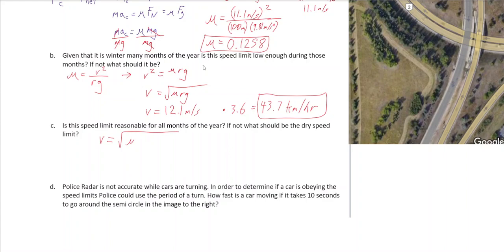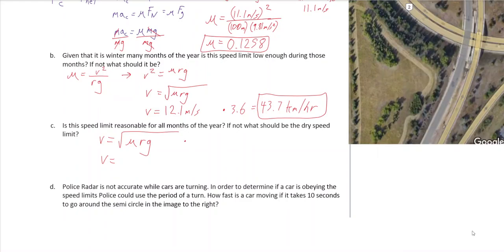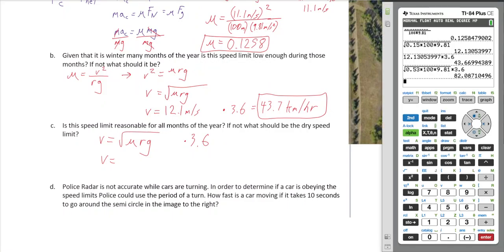And we can go like this, where mu is going to be 0.53, times 3.6. And I'm timesing by 3.6 to get it directly into kilometers per hour right away.